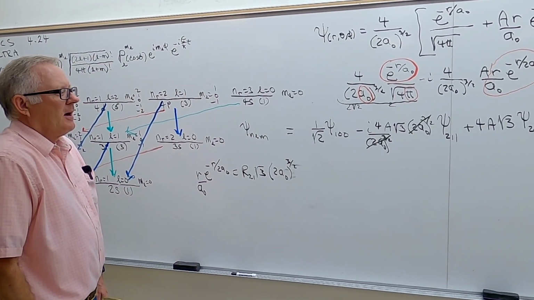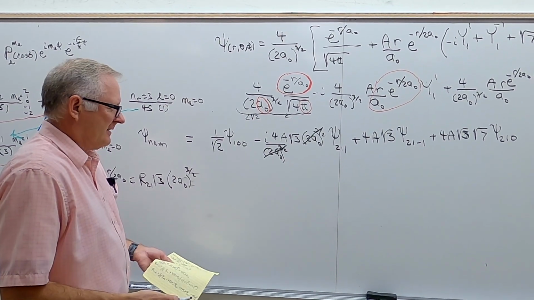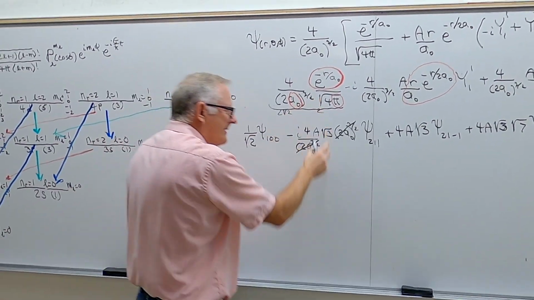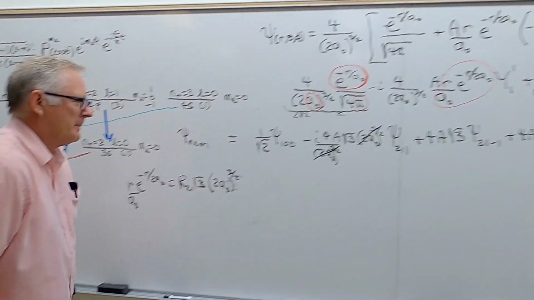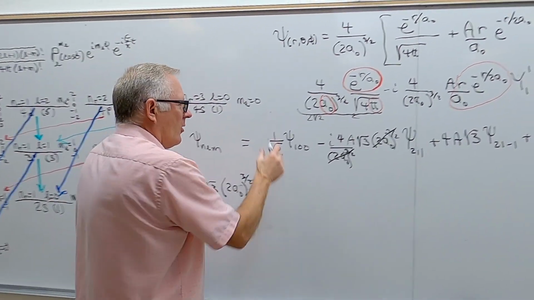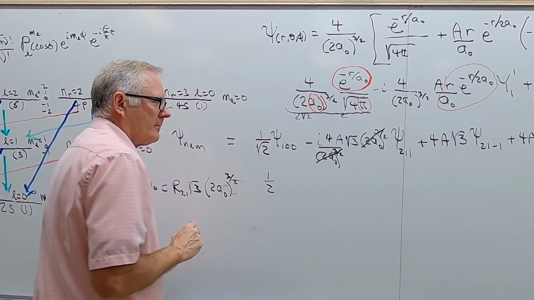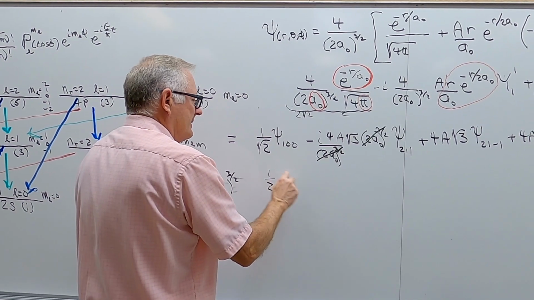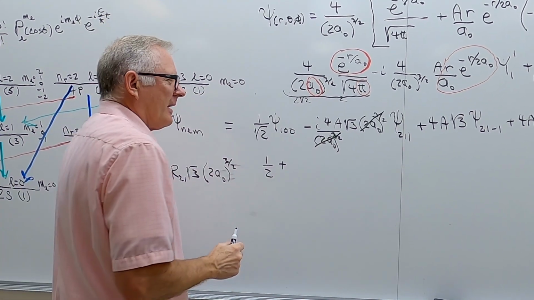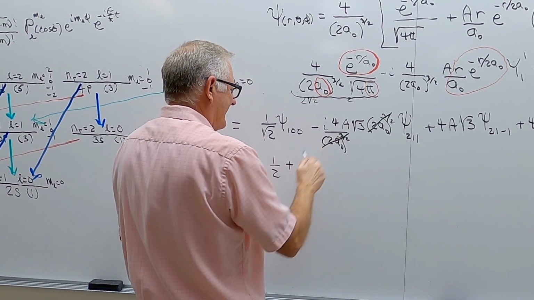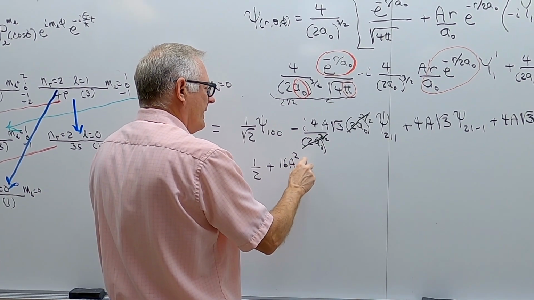And now I just want to make sure that it's normalized. That means that this squared plus this squared plus this squared plus this squared has got to be 1. And solve for a. Well, this squared is just 1/2 plus this squared. The i's drop out because you're multiplying it by its complex conjugate. This would be 16a squared times 3.